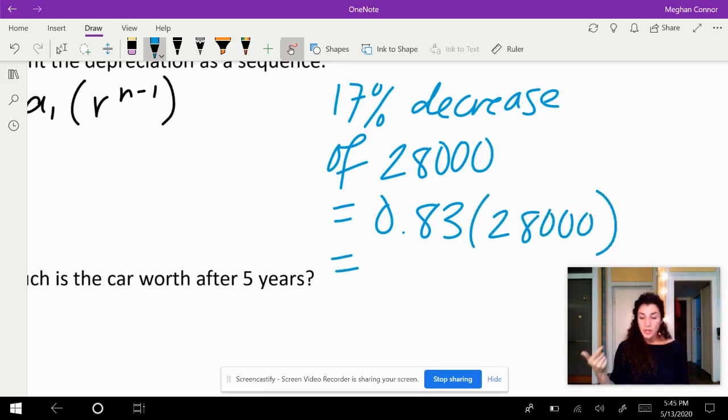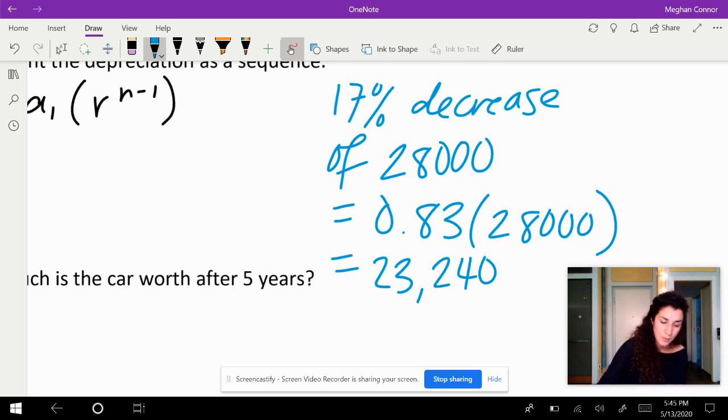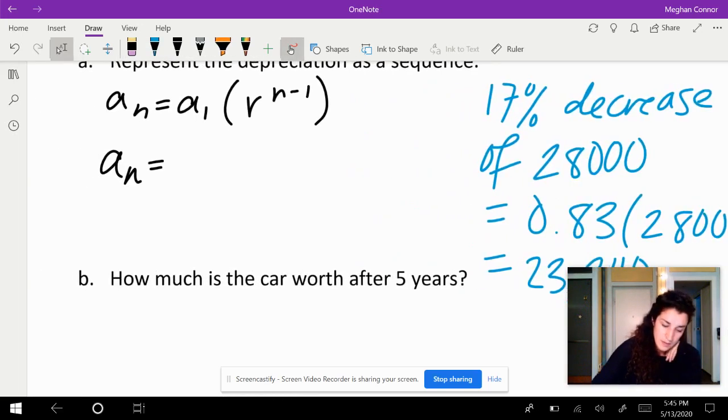So that means that we took the 17% and subtracted it out from the total, which is an 83% of that initial amount. So at the end of the first year, our first term in the sequence, the value of the car is 23,240, and that will be our a sub 1.